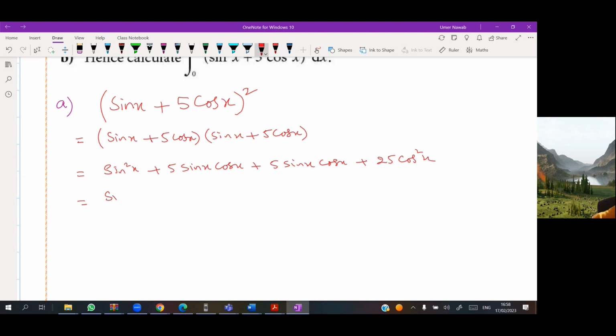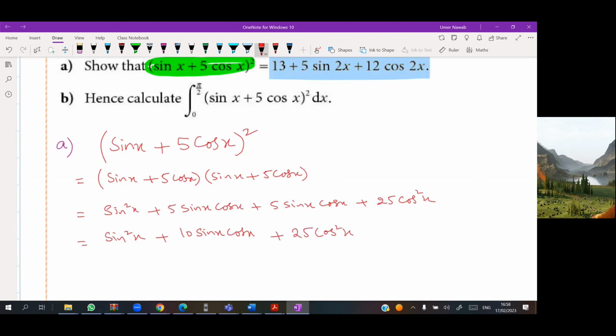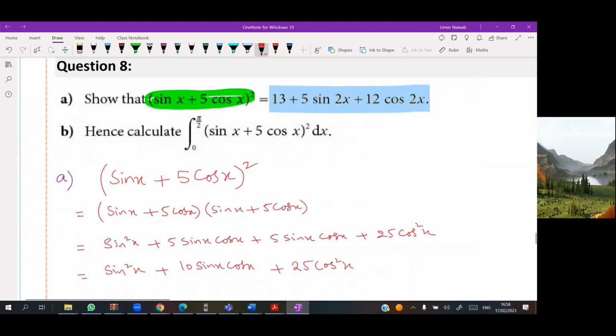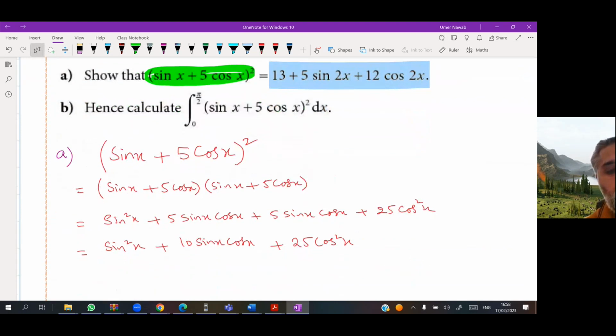Now this is sine square of x, plus 5 sine x cosine x plus 5 sine x cosine x is 10 sine x cosine of x, plus 25 cosine square of x. Is this the result I wanted to get? No, he has made sine 2x.